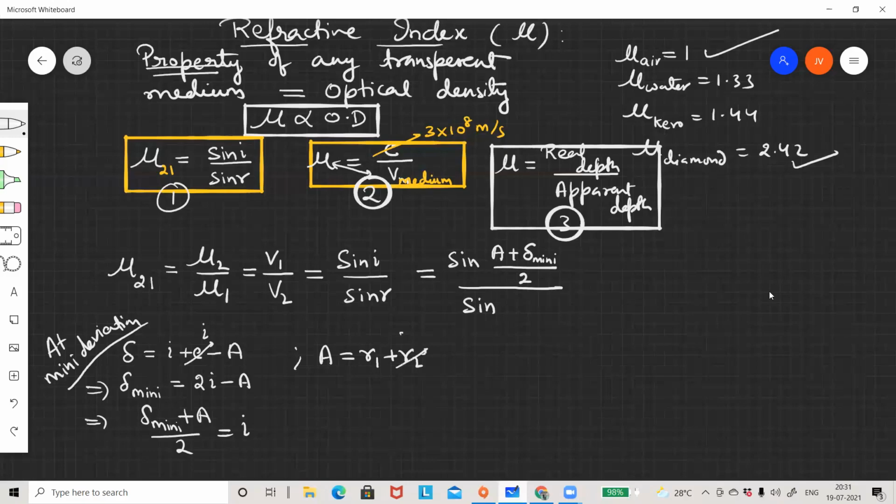There both the angles of refraction will be equal, and then angle of prism will be twice R1. Instead of that, we can write angle of prism is equal to twice R, or angle of refraction is A by 2. So here in place of sine R, R is A by 2.